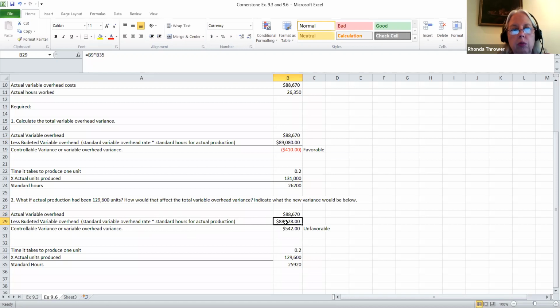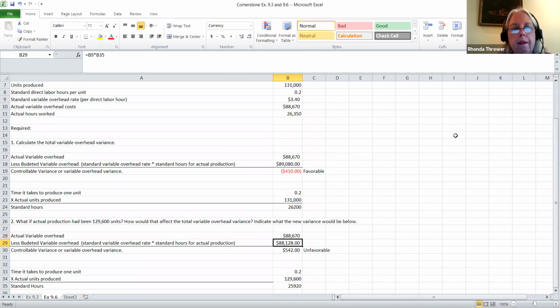So what you got in cell address B9, which was given, the $3.40, is going to be multiplied by B35, which was your standard hours. Our standard hours would change because the actual units produced changed.